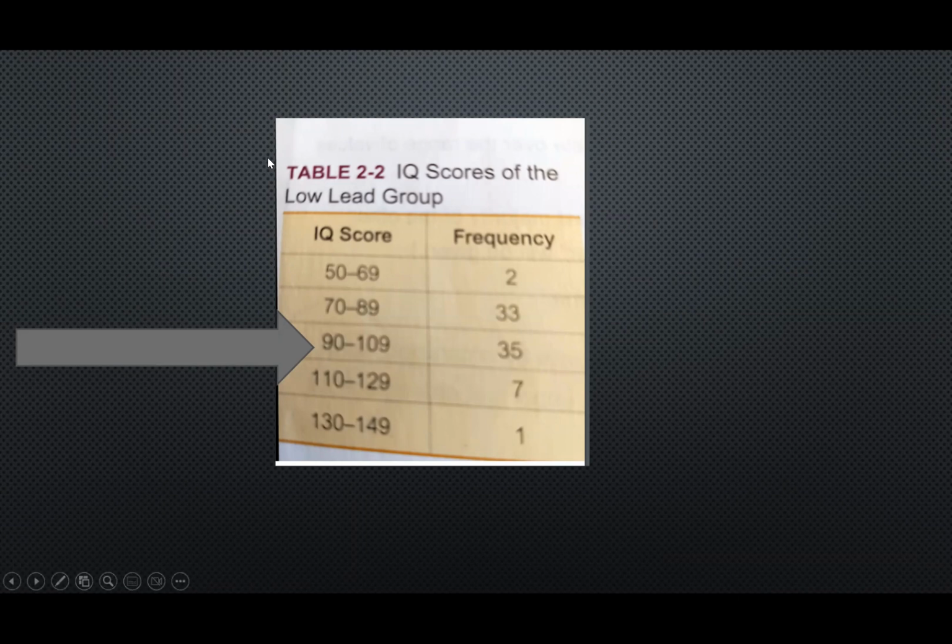So if we add up the frequency, 2, 33, 35, 7, 1, we see that we sampled 78 people for their IQ score. And of those 78, 2 of them fell between an IQ of 50 and 69. 33 of them fell in an IQ range of 70 to 89, 35 from 90 to 109, 7 from 110 to 129, and just 1 from 130 to 149.